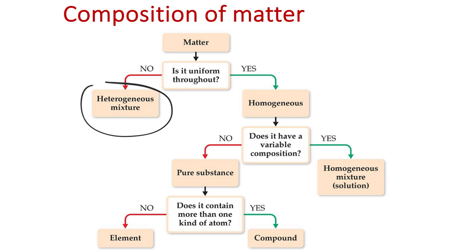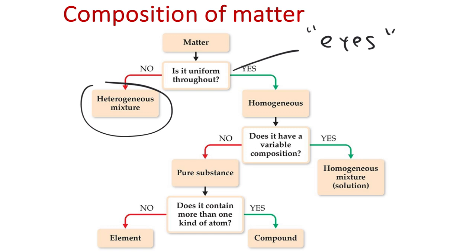Whenever I see a clear substance, or just a white powder, where nothing looks different on one side versus the other, then that's homogeneous. That just means it looks the same. So you can usually assess this question with your eyes. We can usually look at a sample and tell if it's uniform throughout just by simple inspection.